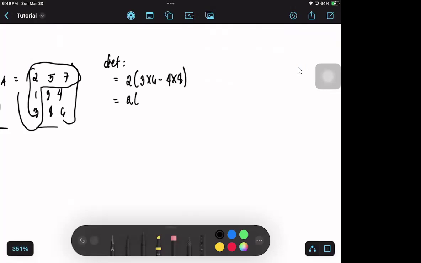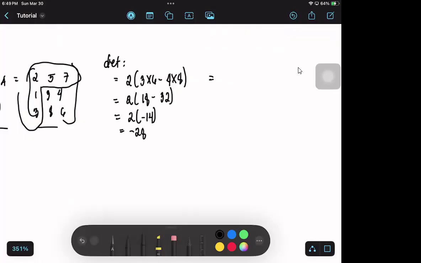Then 3 times 6 will become 18, and 4 times 8 will become 32. So 18 minus 32 will become negative 14. Negative 14 times 2 becomes negative 28.